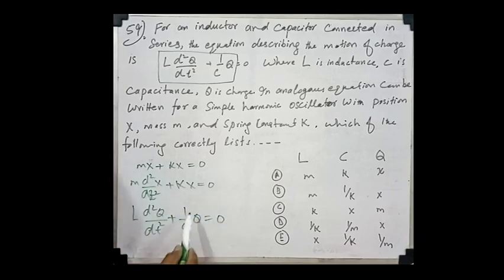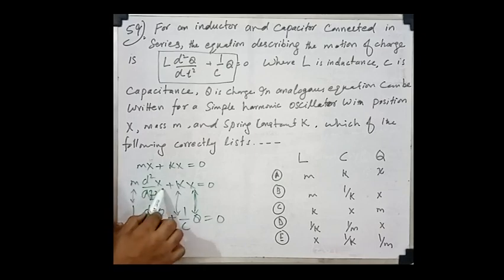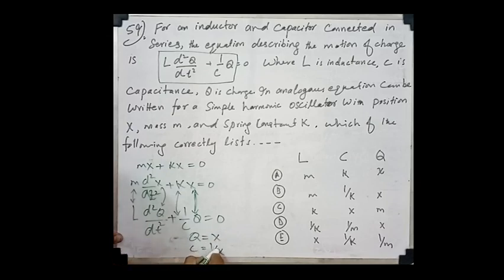Comparing these equations, q will replace x, 1 over C will replace k, and L will replace m. Similarly, d²/dt² of q corresponds to d²/dt² of x, C equals 1 by k, and L equals m.